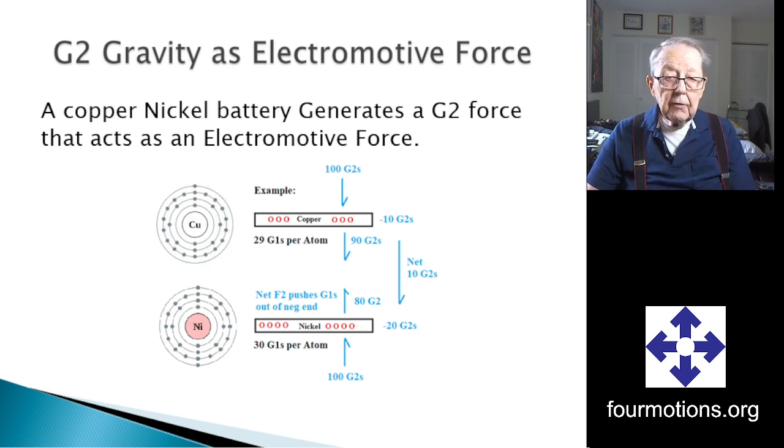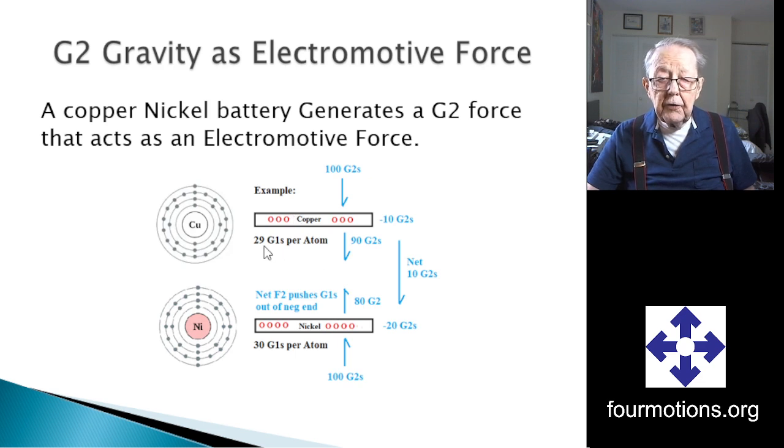Now, first of all, if you build a battery with copper at the top and copper at the bottom, what you get is an equal loss of G2s through both plates, and no net force arrives. So a copper-copper battery doesn't work, and a nickel-nickel battery doesn't work, but a copper-nickel does work.